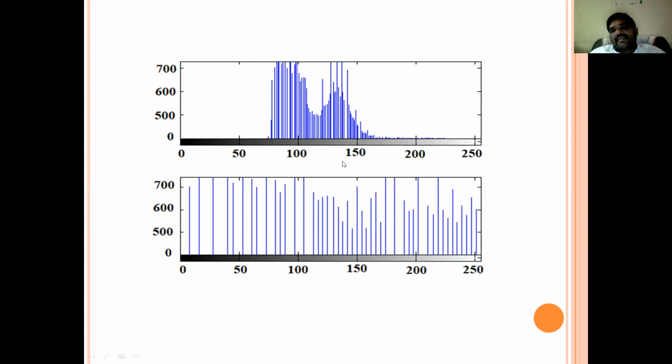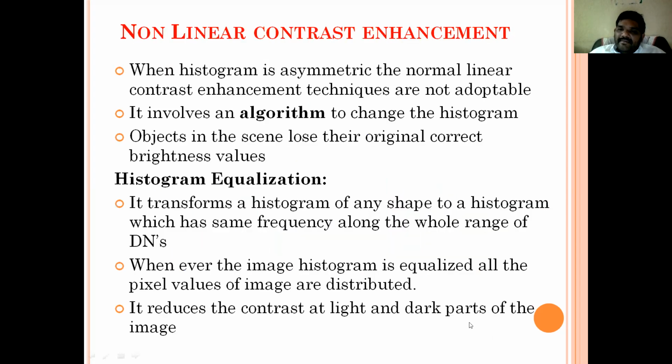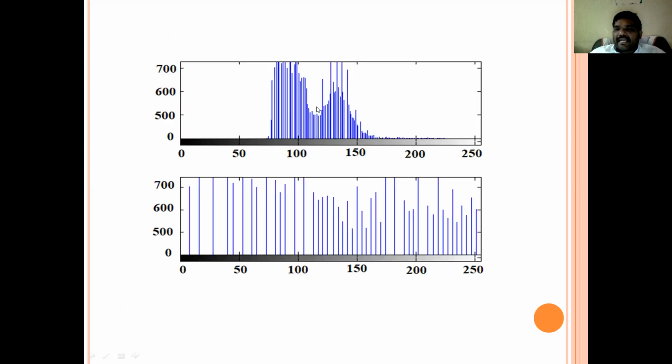Now what it is doing after this: the dark and light parts' contrast will be reduced. Now what I am doing is expanding the contrast, equalizing the image from here to here in a similar pattern.